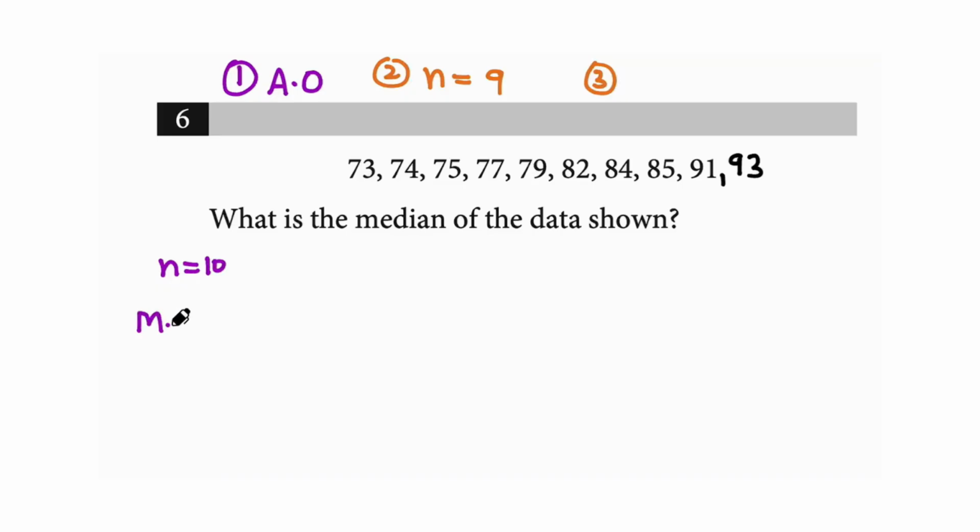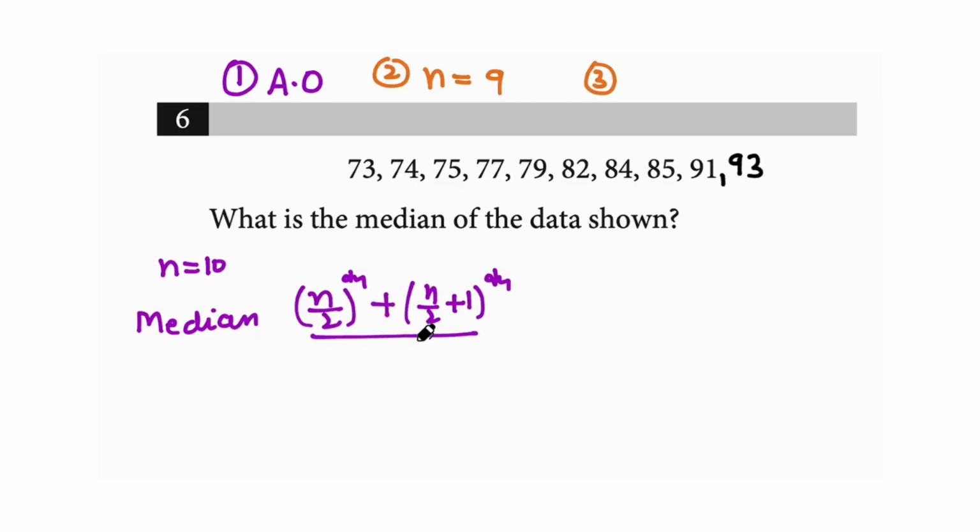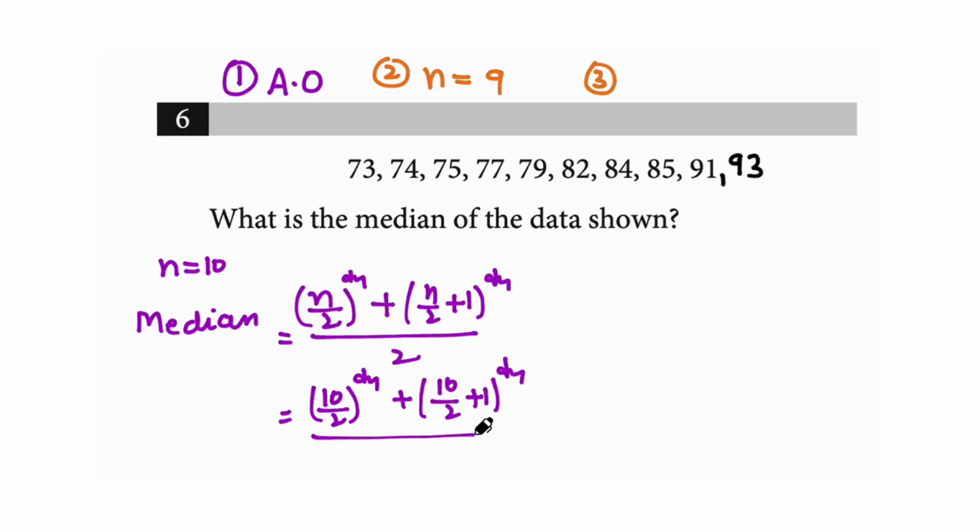Then the formula for median is n by 2th plus n by 2 plus 1th, divided by 2, the average of two values. So what is n? 10. So 10 by 2th plus 10 by 2 plus 1th over 2.